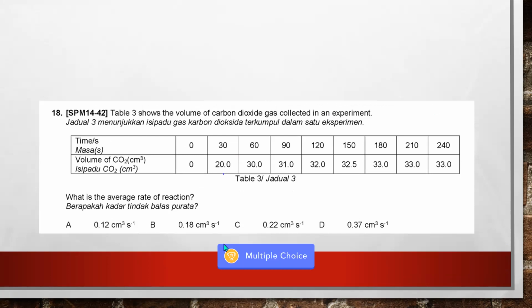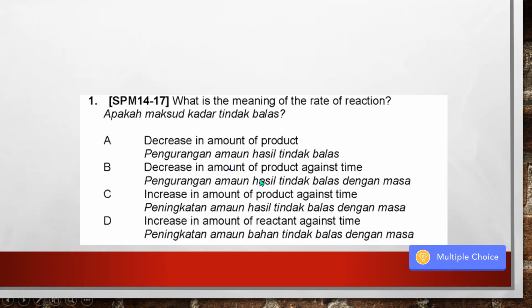The answer is not D, okay? You didn't read properly. Increase in the amount of reactant, girl. Does my reactant increase with time? No, teacher, it's a product. It's your product.